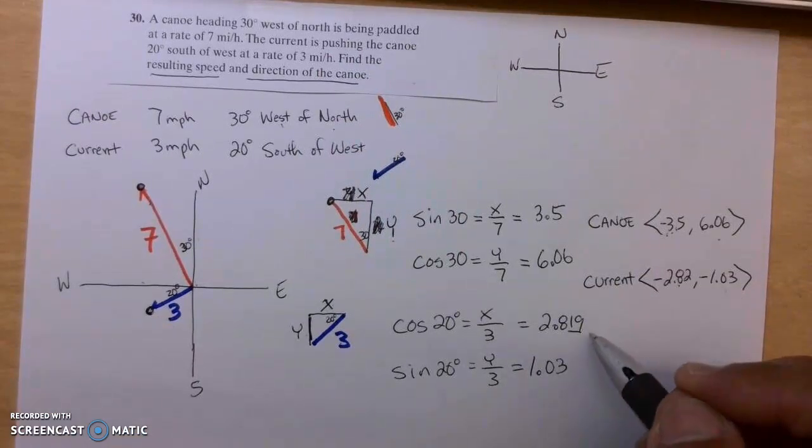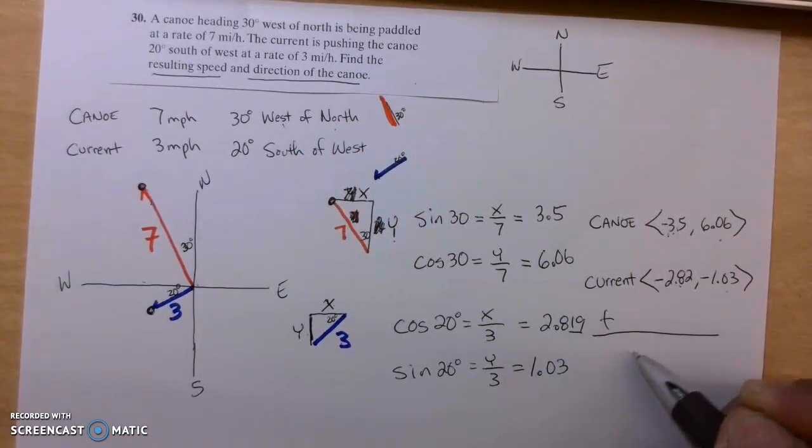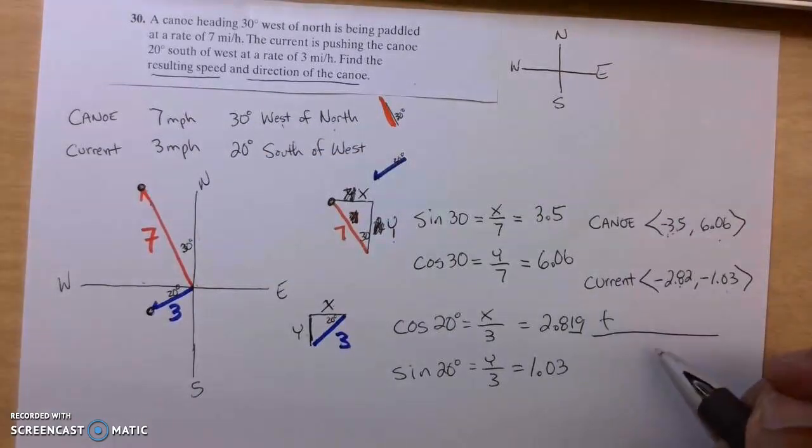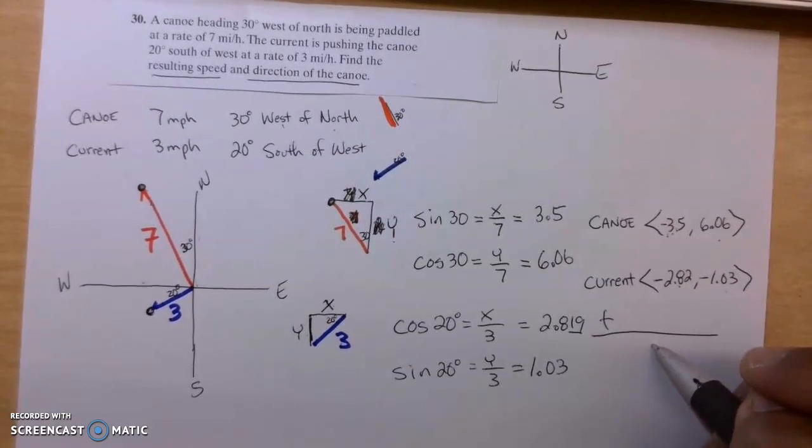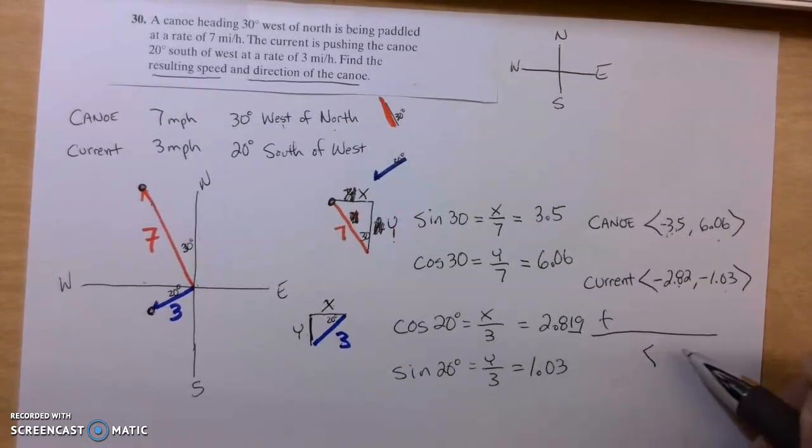Okay, now we're going to add the two currents together, and this is going to be the actual path, the resulting speed here. If I add these, you will get approximately negative 6.32, comma positive 5.03.